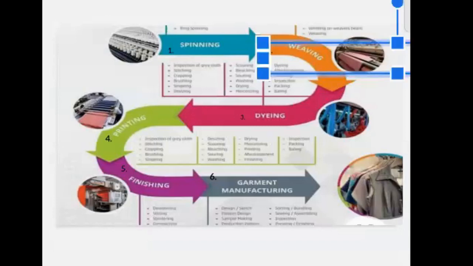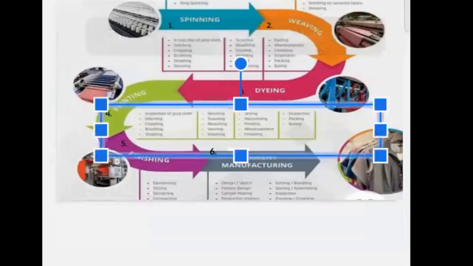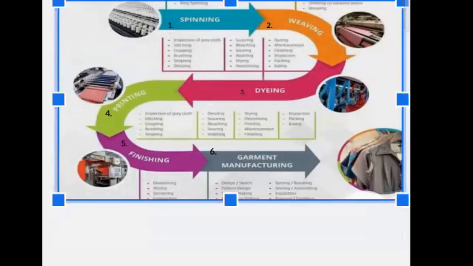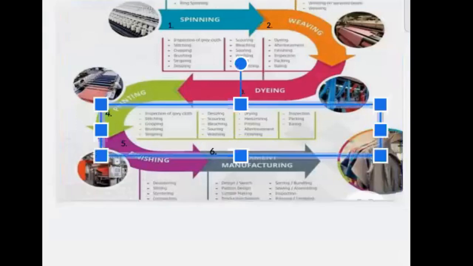Once we get our cloth, the third process is dyeing. Now, what is dyeing? Dyeing is the process of coloring the cloth. After coloring the cloth, the fourth step is printing. Printing means you can print a design. You can make zari work on it. The various designing processes are done with printing.